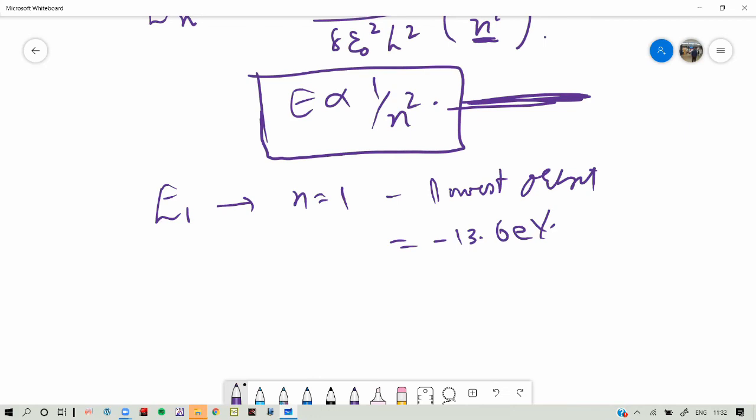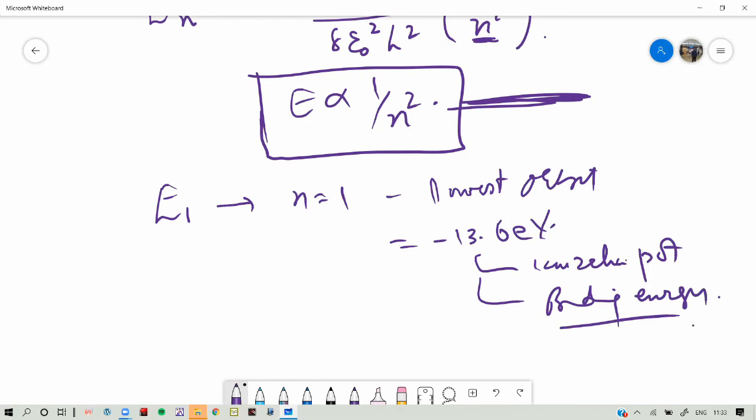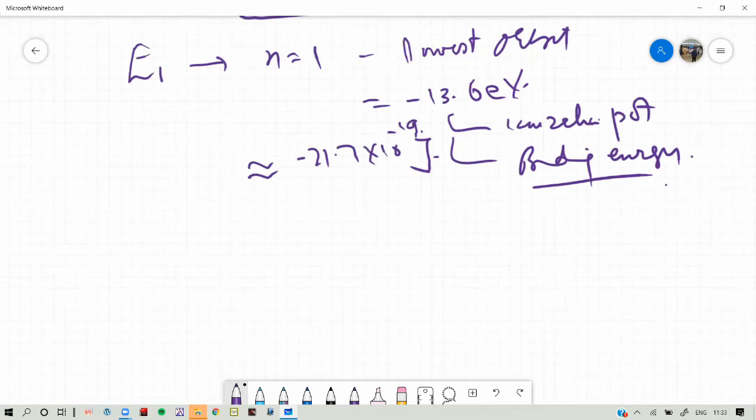It is called the first ionization potential, or sometimes the binding energy of the hydrogen atom in the first orbit. It is minus 13.6 eV, which is approximately minus 21.7 times 10 to the power minus 19 joule. And 1 electron volt is 1.6 times 10 to the power minus 19 joule.